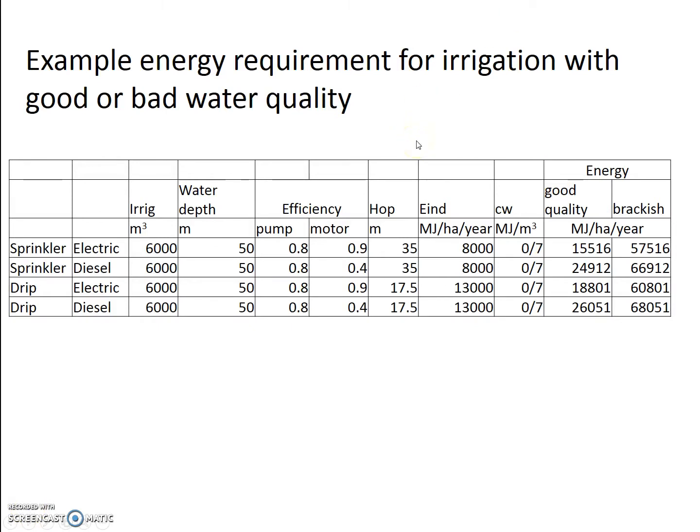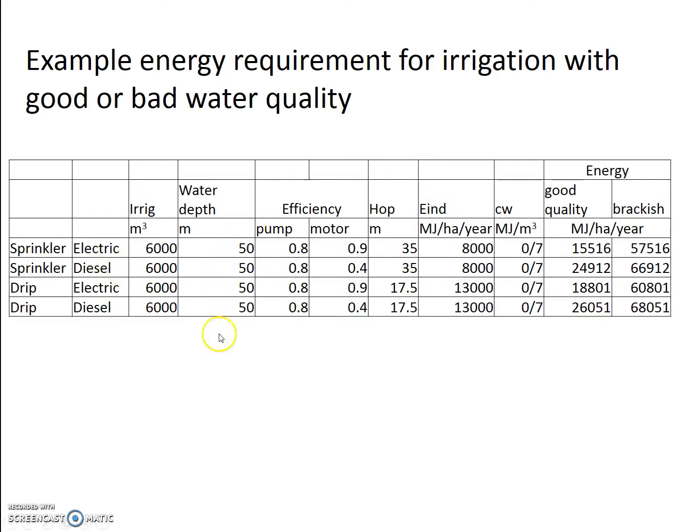We will see now an example of the energy requirement of irrigation as affected by the type of irrigation system or the quality of water. We are considering that the total amount of water applied during the season is 6,000 cubic meters per hectare. And we consider that we use sprinkler irrigation or drip irrigation using electric motors or diesel motors.